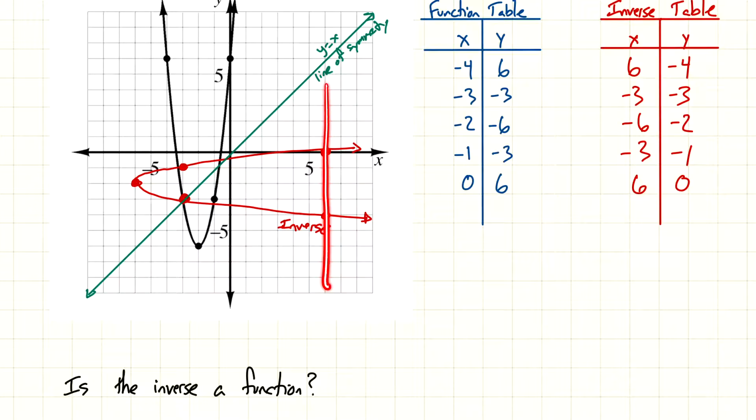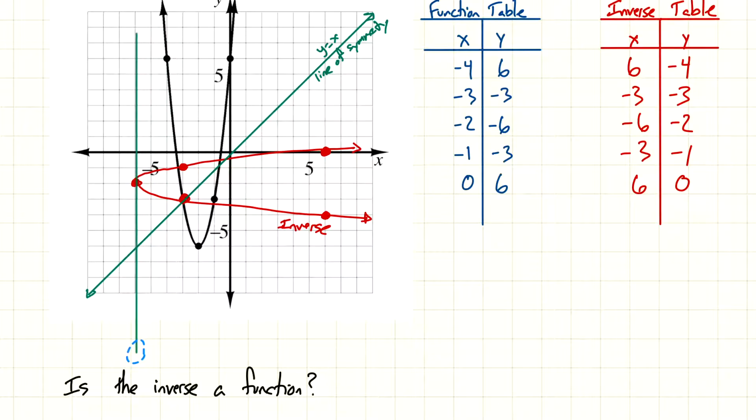So one way of testing that out is we call this the vertical line test. If you draw a vertical line and it crosses the graph twice, it's not a function. So you'll notice I could actually draw in that line. If I draw in a line and I can move it anywhere, it's going to cross that graph multiple times.